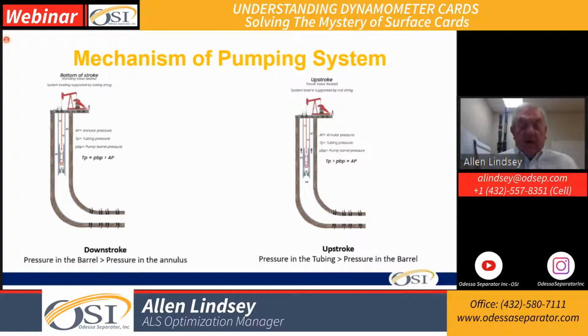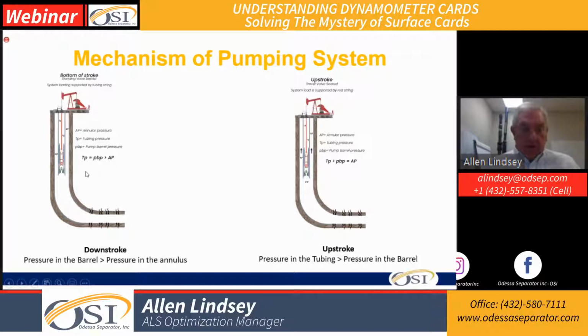The traveling valve ball, which had been unseated during the previous downstroke, falls onto its seat. Because the standing valve had been seated during the previous downstroke, the weight of the column of fluid in the tubing is being supported by the standing valve and the tubing string. At this point, the tubing pressure is equal to the pump barrel pressure, and that is greater than the annular pressure.